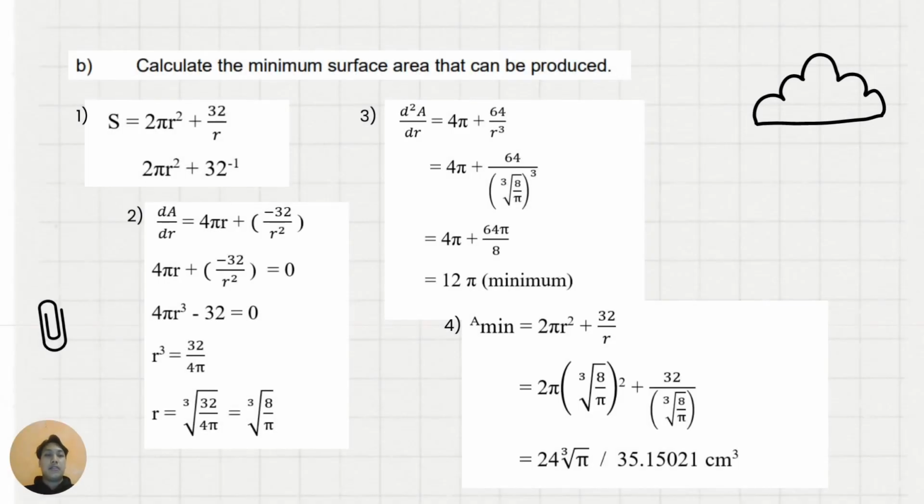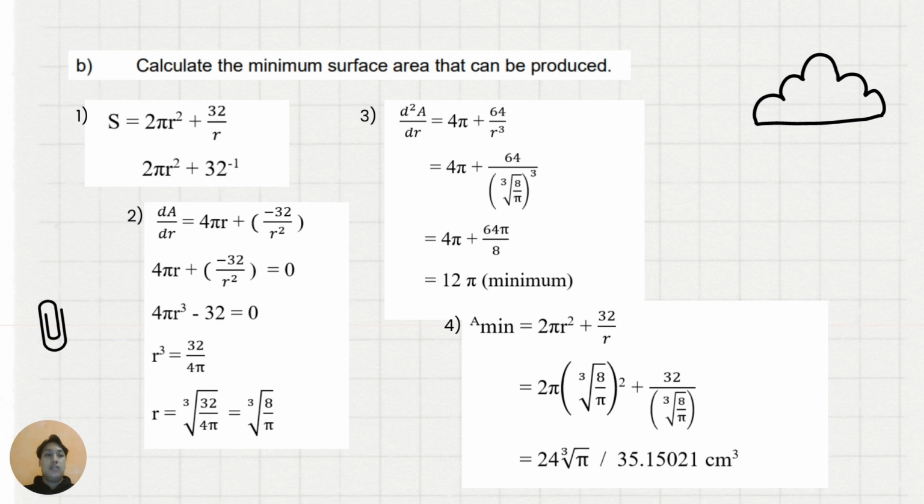Calculate the minimum surface area that can be produced. Firstly, we take S equal to 2 pi r squared plus 32 over r, and we make it 2 pi r squared plus 32 r to the power of negative 1.